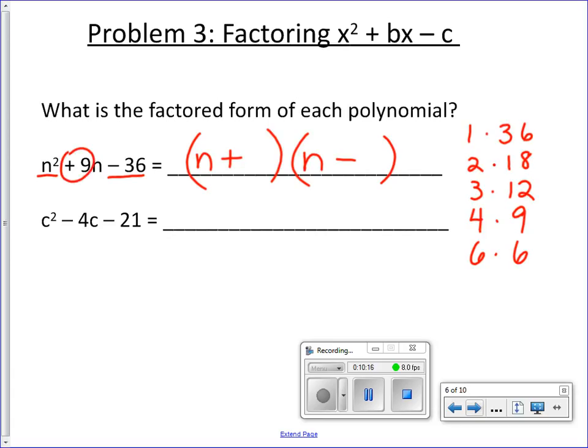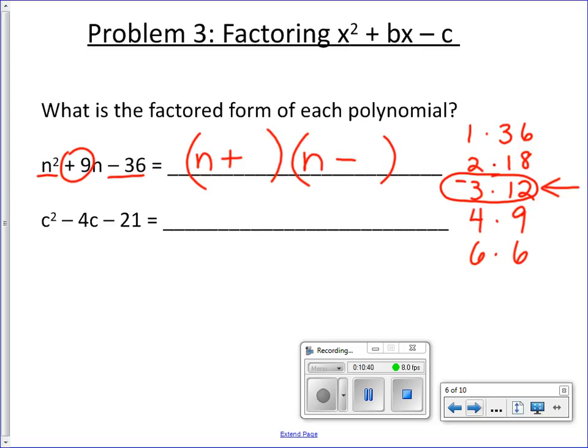So we know that one of these has to be negative. And what we notice here, if we look at 3 and 12, the difference between those is 9. In fact, if I make my 3 negative, then negative 3 plus 12 would give us the positive 9 that we're looking for. So right here I have my two factors.